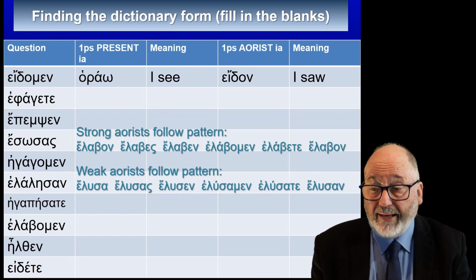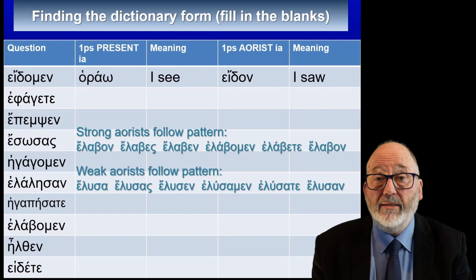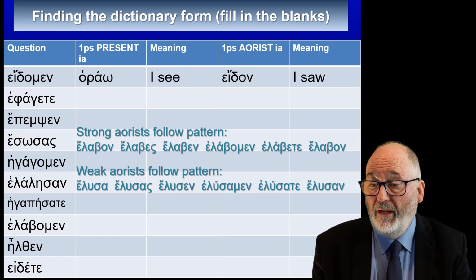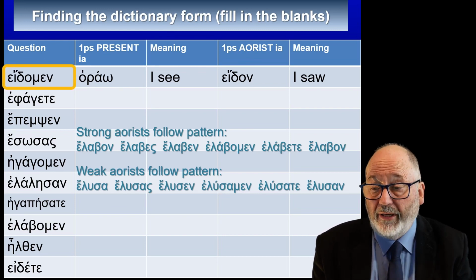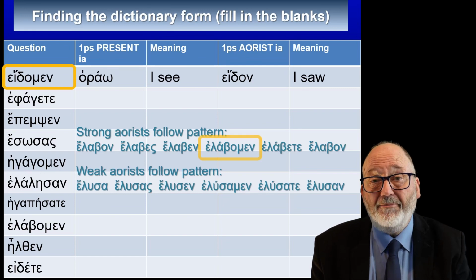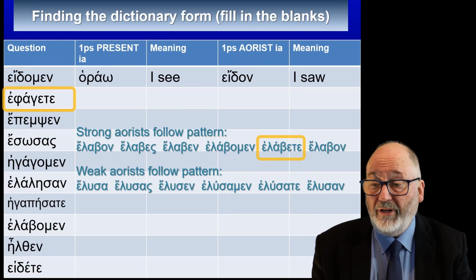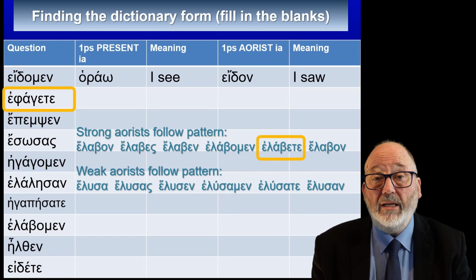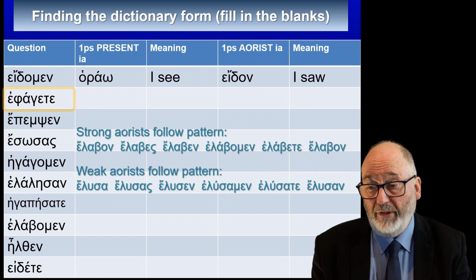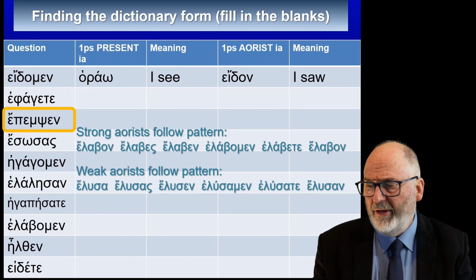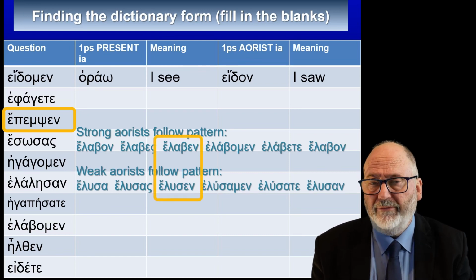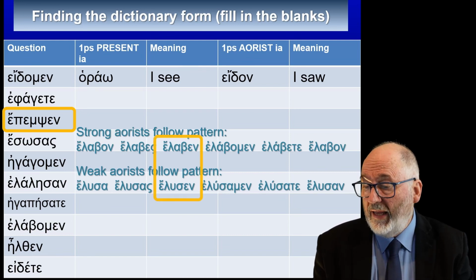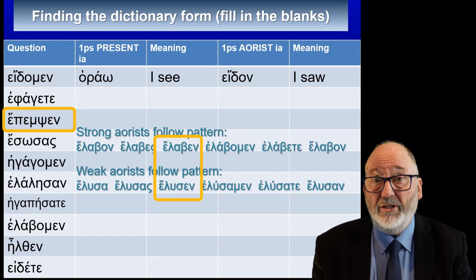Now, let's look at some of these verbs and see which pattern they are following. Well, we've got eidomen, which has the verb ending that a strong aorist is going to use. We've got ephageti, which again is the ending a strong aorist would use. We've got empempsen. Bit tricky, because if you look, elaben finishes with epsilon nu, and elusen finishes with epsilon nu.